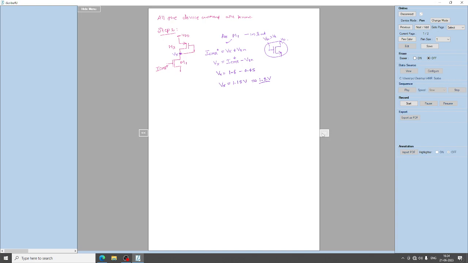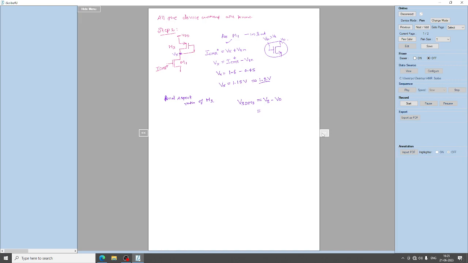So now, to find out the aspect ratio of M3, say for example, we know the current flowing through that. We have to find out the overdrive voltage, which is VSD for the PMOS transistor, equal to Vs minus Vd.